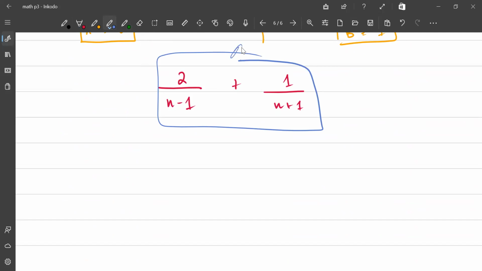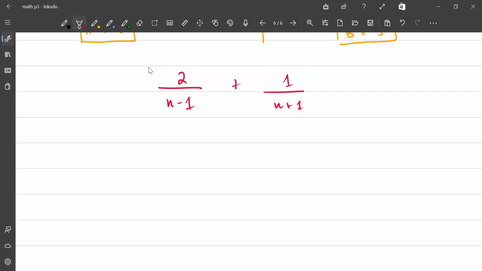All right. Now let's try integrating it. So let's see if we can apply ln here. Okay. So the differential here is 1, but we have 2.